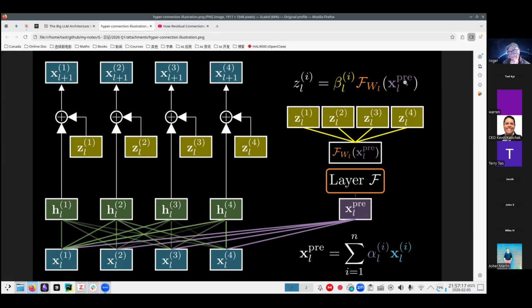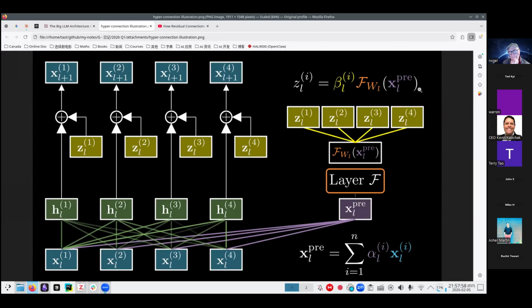So for the out, I think this is the output F, this whole thing, FWX pre, this is the output of the layer. And they multiply by this beta to produce four vectors. I think this guy beta is just a column vector, and then this FW is the output of the layer, so it's a row vector.